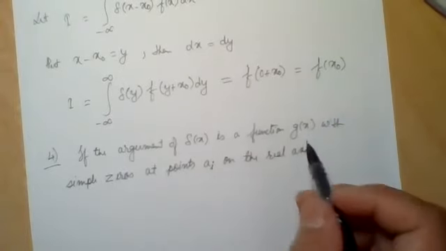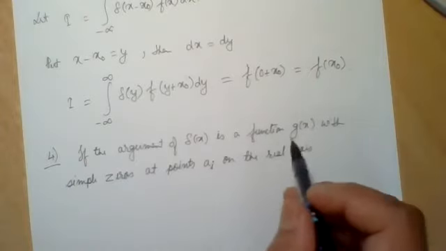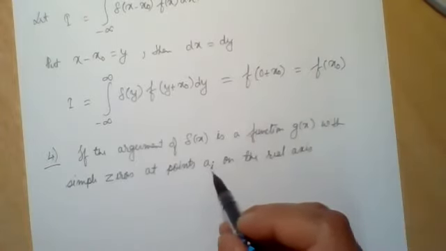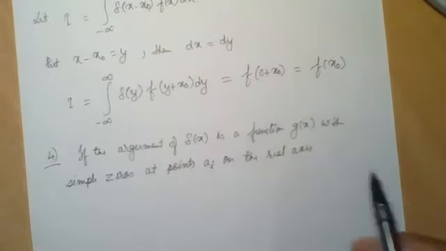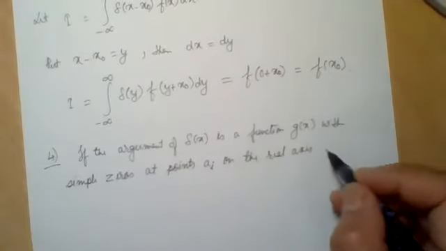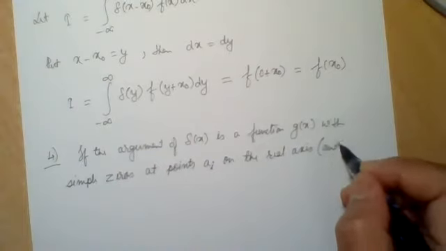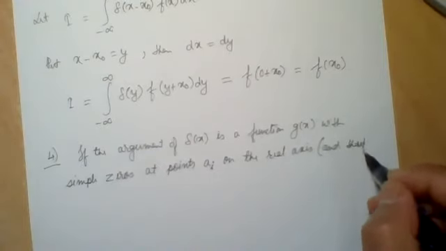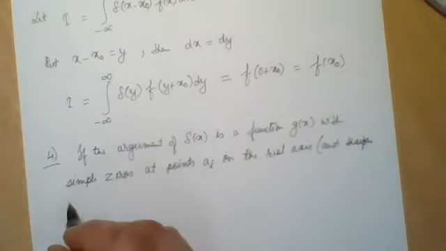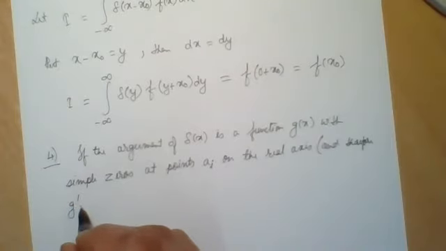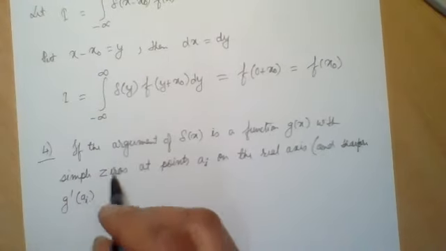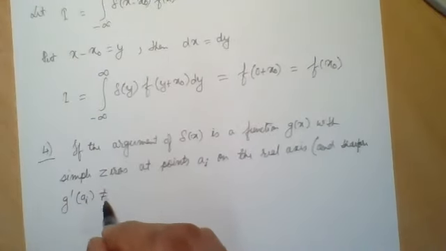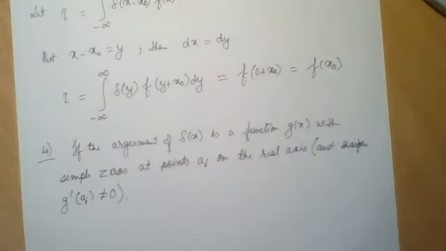Simple zero means the function g of x will become 0 when x is equal to ai, but the derivative of the function at the point ai will not be 0. Therefore the derivative of g of x calculated at the point ai is not equal to 0. All higher derivatives are 0.